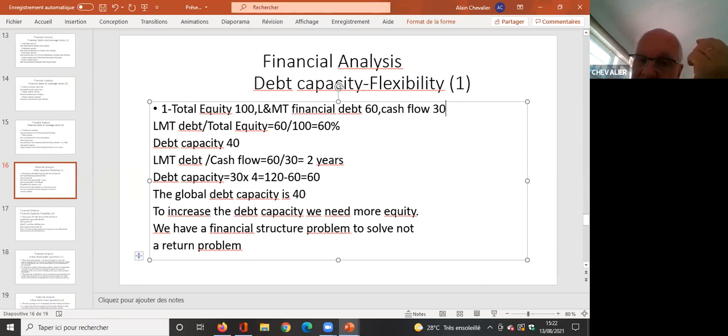This will increase my cash flow for 1 or 2 years, and that will be enough to increase my debt capacity in terms of repayment. And perhaps for the long term, we have a program of improvement of the relation between the cost and the sales, and improvement of the performance, of the productivity, of the efficiency of the system.